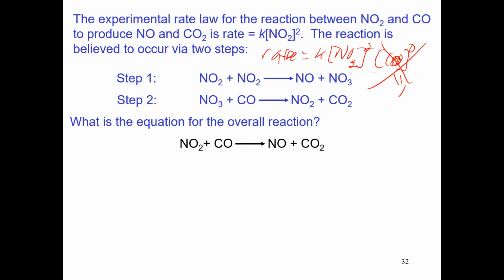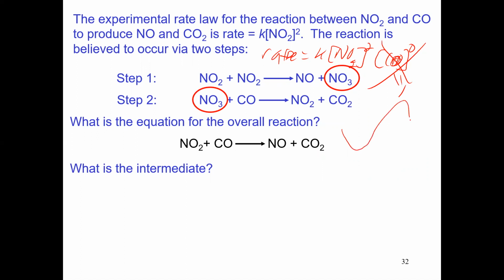This is the overall reaction between both of them. What is the intermediate form? NO3 is the intermediate form. So when you have the NO2 over here plus the CO, the intermediate form will be NO3 up here.